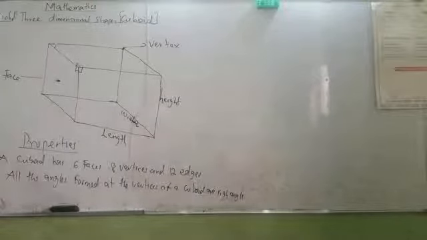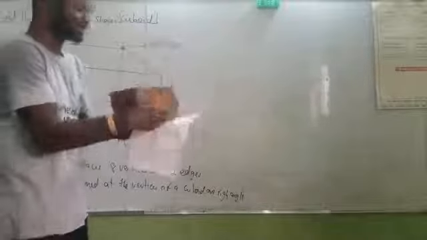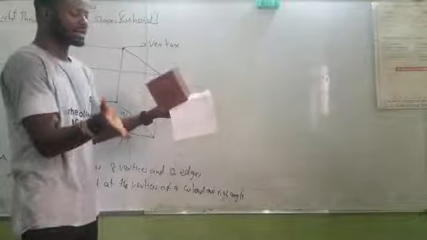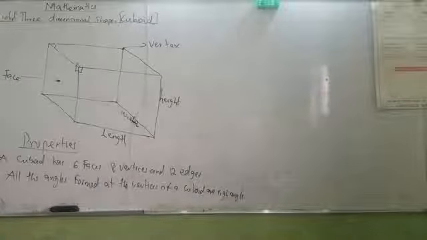And also, all the faces of the cuboid are rectangles. Every face you are looking at here is a rectangle. This is a rectangular plane, and so on for each of the six faces. It means all the faces formed are rectangles.